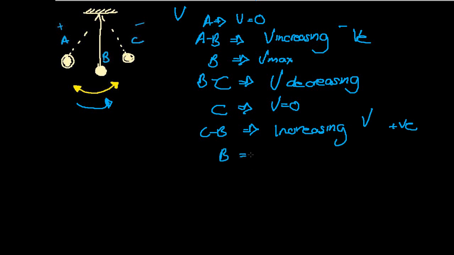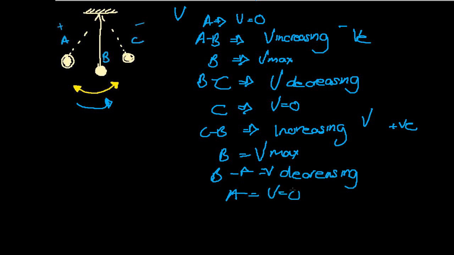At B would be max velocity again, and from B to A, velocity would decrease. And at A, velocity equals zero.